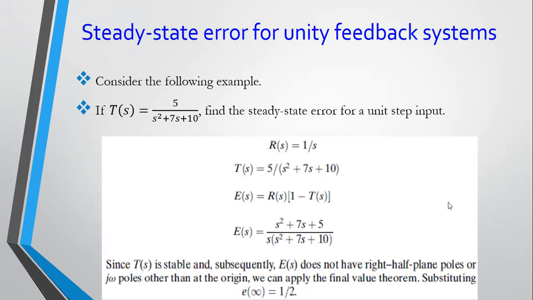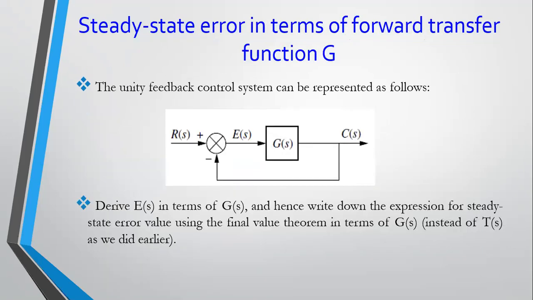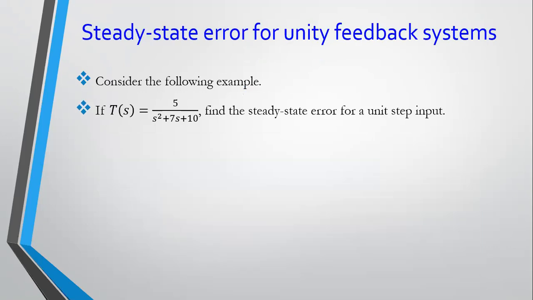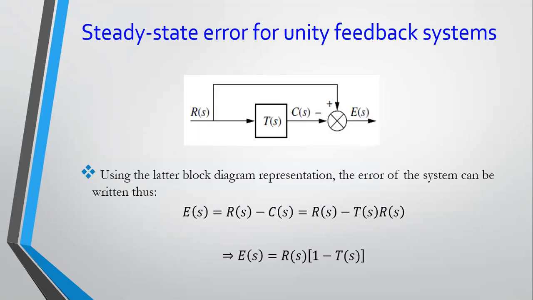So you expect the steady state error to be non-zero in this case. The system is able to track position because it took a step input here, but it will not have a zero steady state error. It would have a steady state error of half. So this is the method you would choose when you're given a formulation of closed form.